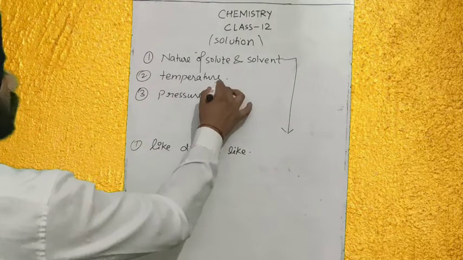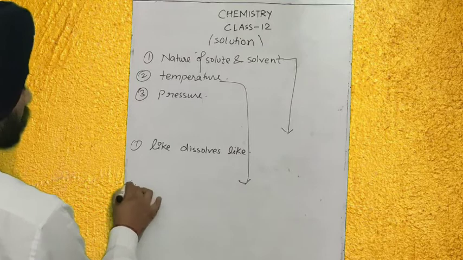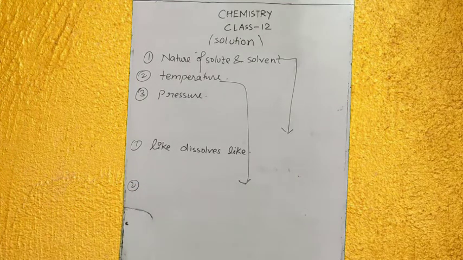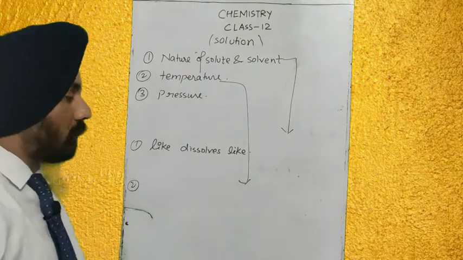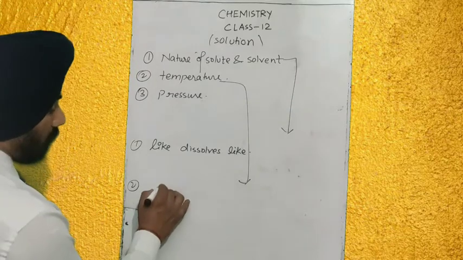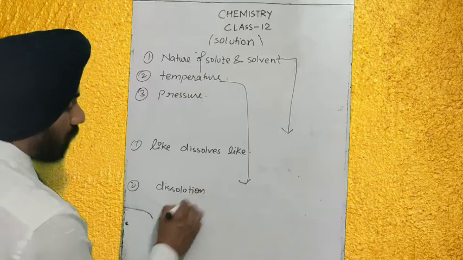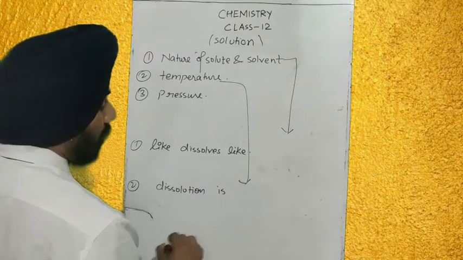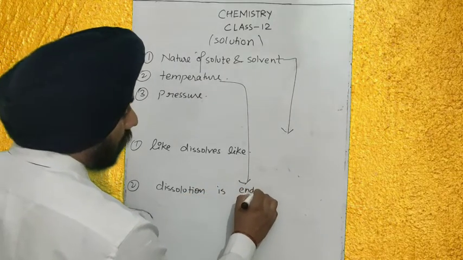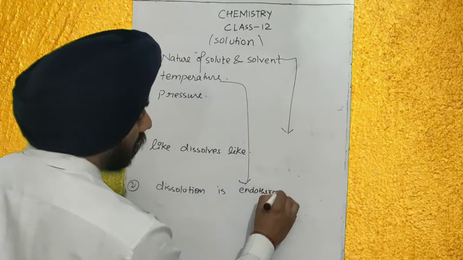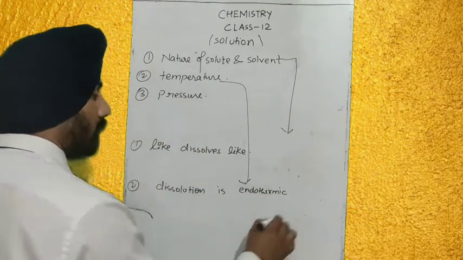Second, it was temperature. How is temperature affecting the solubility of a solute in the solution? Let's consider that dissolution is an endothermic process.